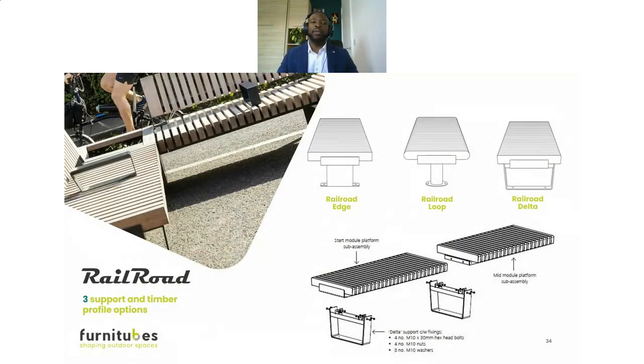So say, for example, the loop is very useful for subsurface fixings. There's actually an installation where it was bolted to a concrete pad, but that was subsurface, and that way it's also covered by soft landscape on the top. So that is a possibility, especially with the loop support.